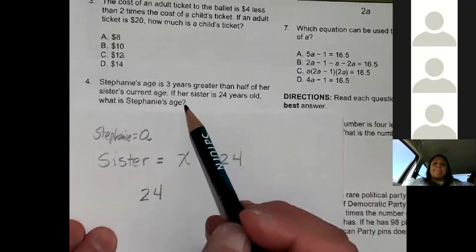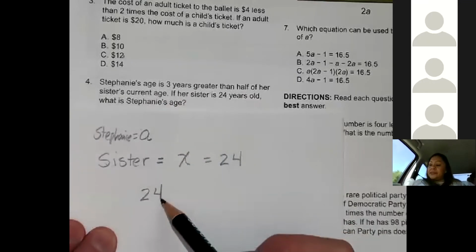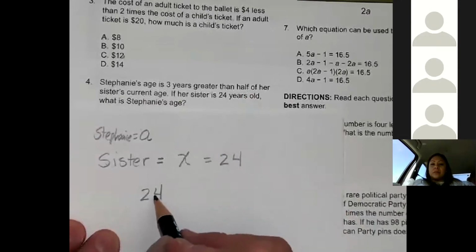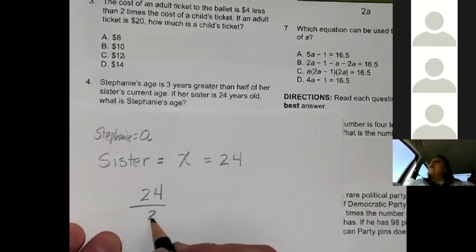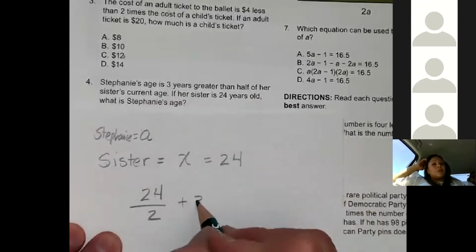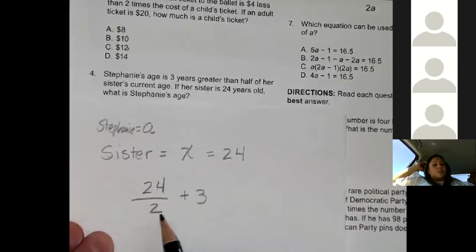And we want her to be 3 years greater than half of her sister's age. Okay, so here's her sister's age. Let's take half of it. And then we're going to make it be 3 years greater. 15. Looks like 15.